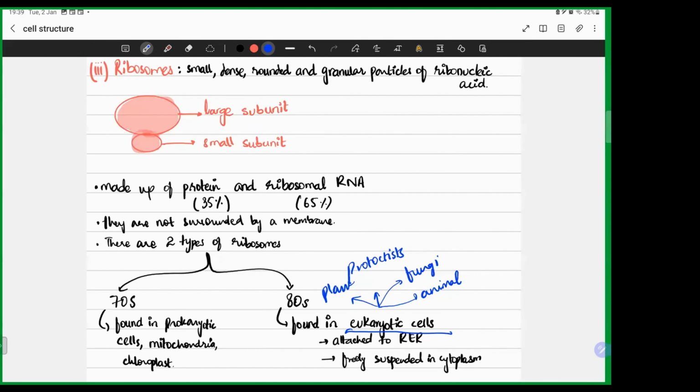So 80S ribosomes are only present in eukaryotic cells. If we see a ribosome in the cytoplasm or on the RER of any cell amongst these four, it would be an 80S ribosome. Otherwise, if we see a ribosome in a prokaryotic cell, in a mitochondrion, or in a chloroplast, it would be a 70S ribosome. Is it clear so far?